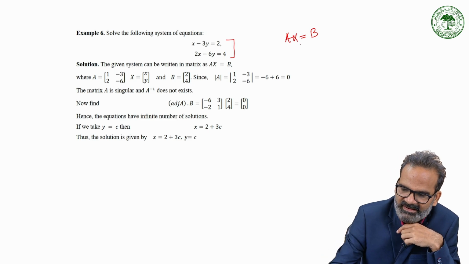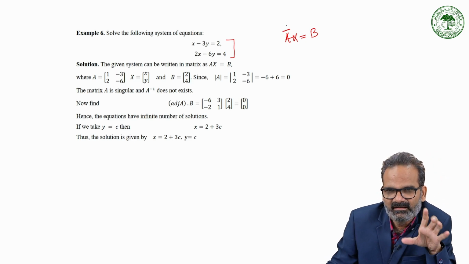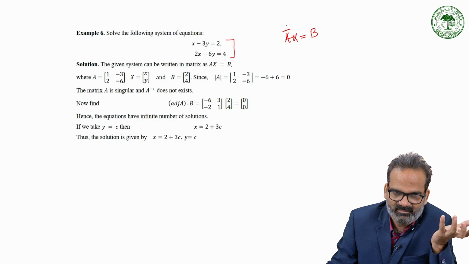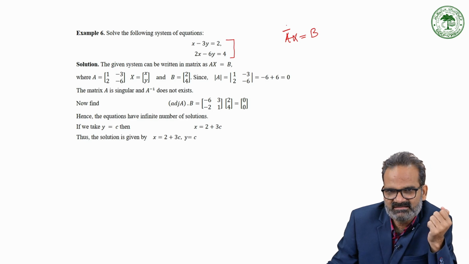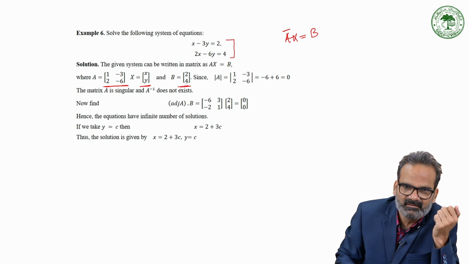So what does it mean? Ax = b, where A is the matrix of the coefficients of the variables x and y, X as usual is the matrix of the variables, and b is the constant quantities at the right hand side. So this is our A. This is x and this is 2, 4 is b.